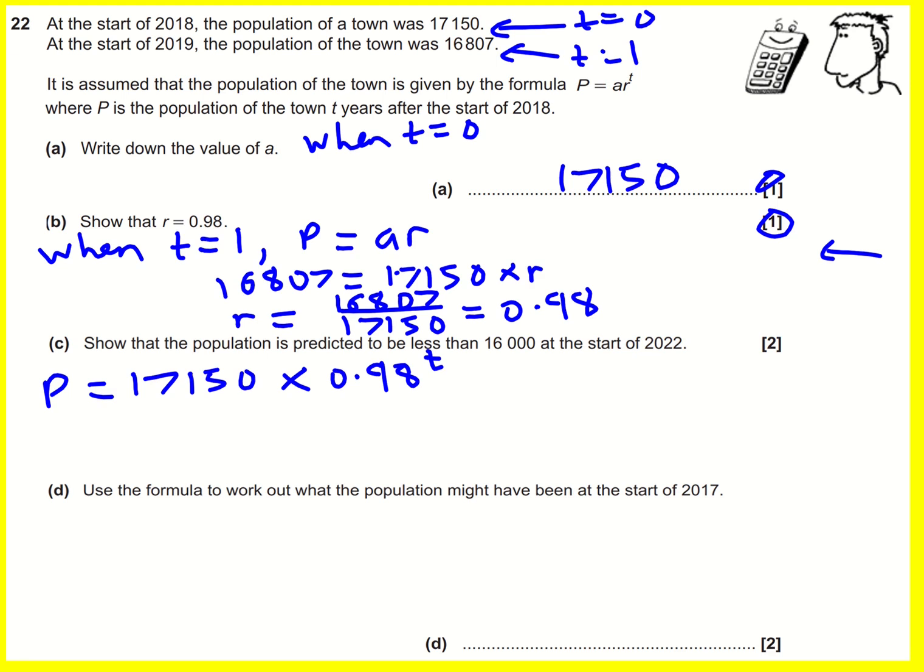Show that the population is predicted to be less than 16,000 at the start of 2022. Well, if t is equal to 0 at 2018, 2022 is going to be when t is equal to 4.